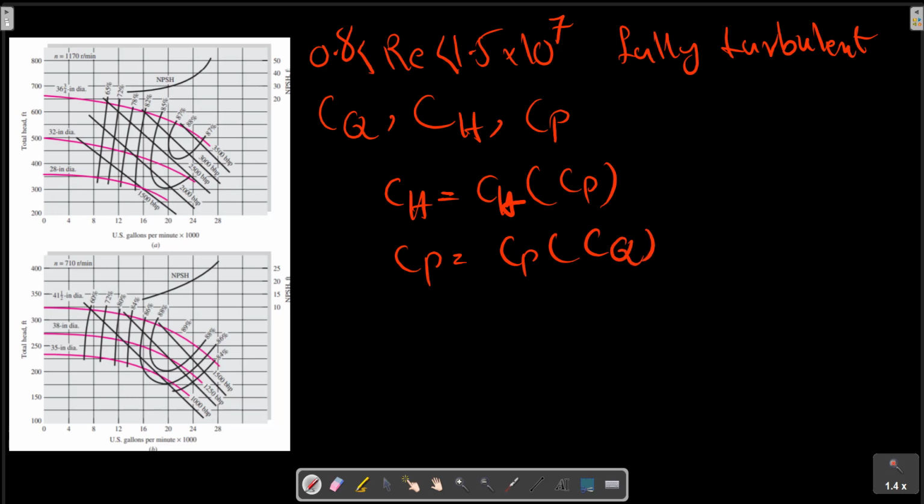For geometrically similar pumps, we expect head and power coefficients to be nearly unique functions of the capacity coefficient. We have to watch out that the pumps are geometrically similar or nearly so, because manufacturers put different size impellers in the same casing, thus violating geometric similarity.